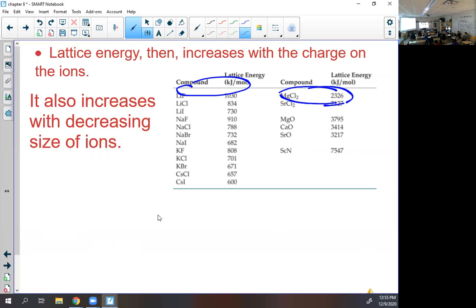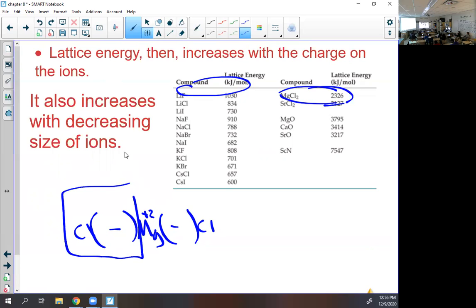But also still, please remember, if we have Mg, Cl, Cl, we're finding the lattice energy that is the attraction between these two things. So we don't double it and double it. We have the Mg plus 2, that's why it doubles, but not because there's two separate Cls. We're finding it for one piece each time.